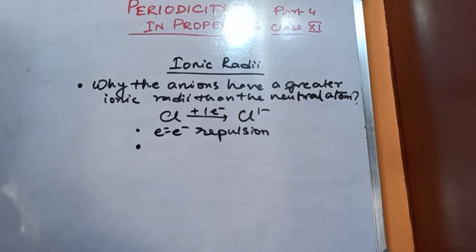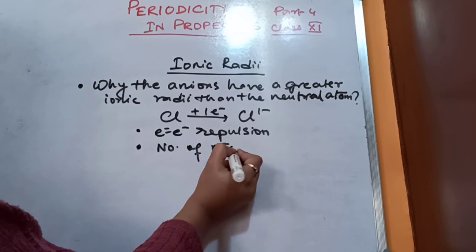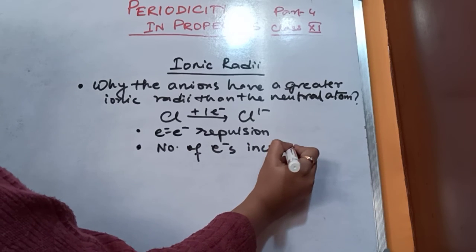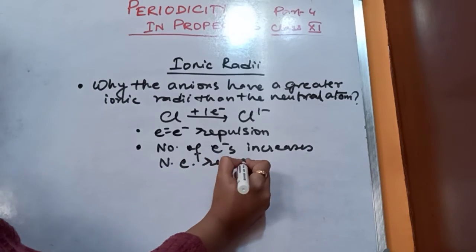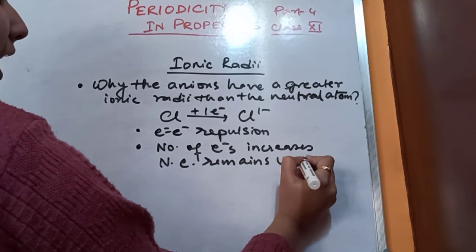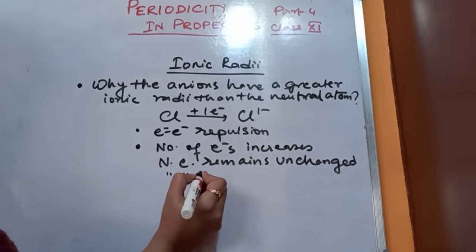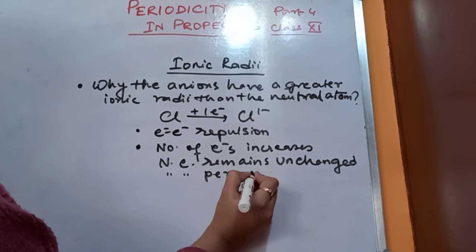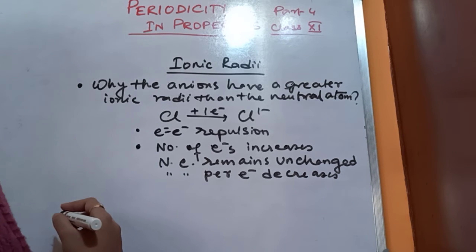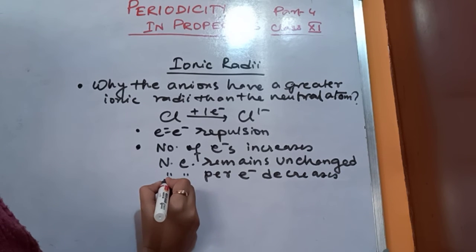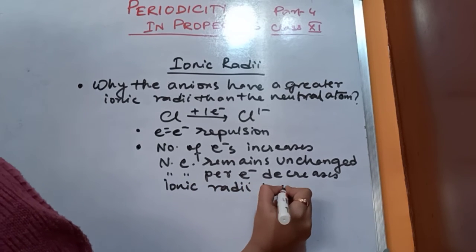And the second point is that the number of electrons increases, but again the nuclear charge remains unchanged. So the nuclear charge per electron decreases. As a result, the ionic radii increases.